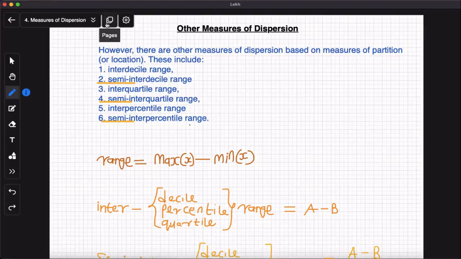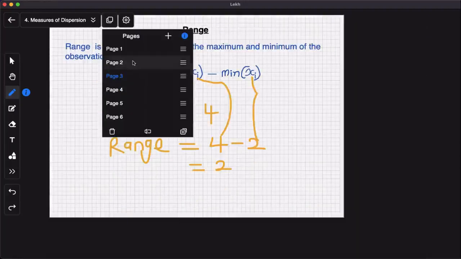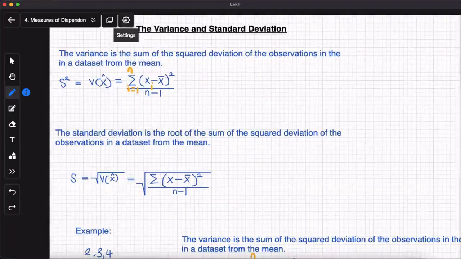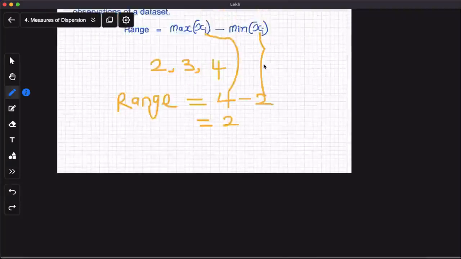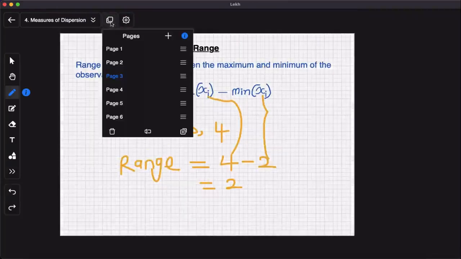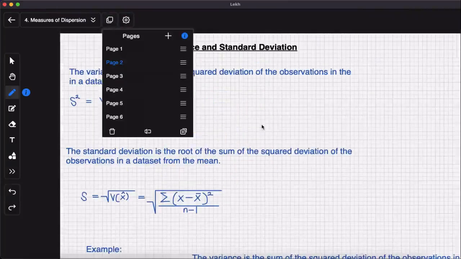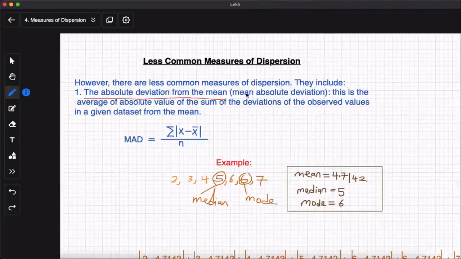But for the last one that we discussed, the absolute deviation from the mean, median, or mode, you also need the central value.